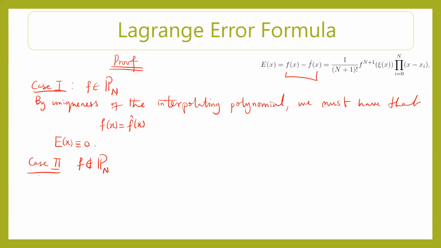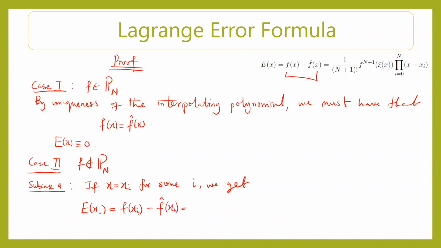Under this case, I'm going to take a subcase, call it subcase A. If x is xi for some i, what we get here is that E(xi) is f(xi) minus f hat(xi).